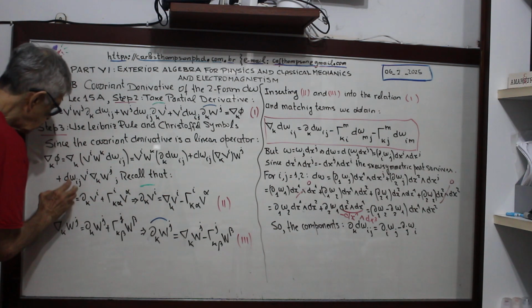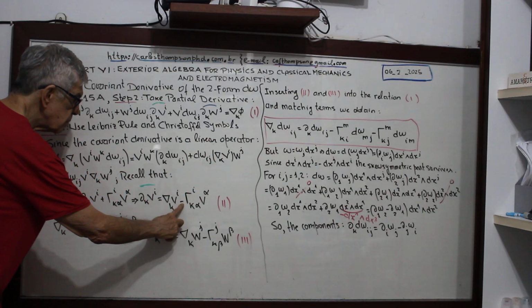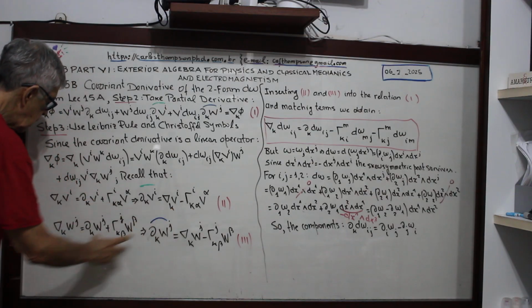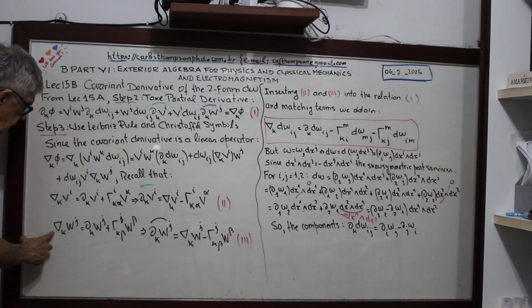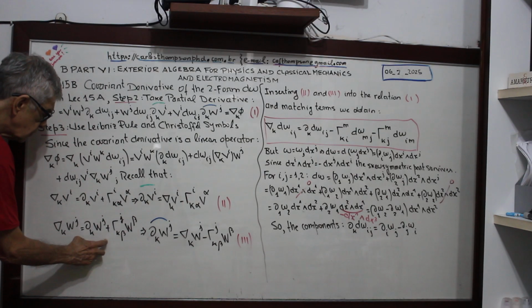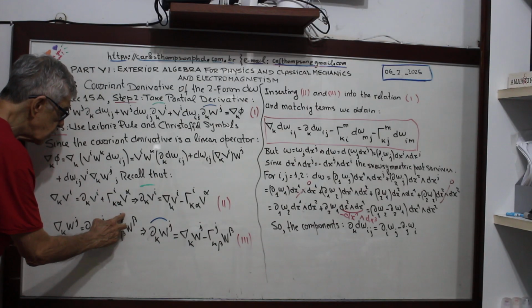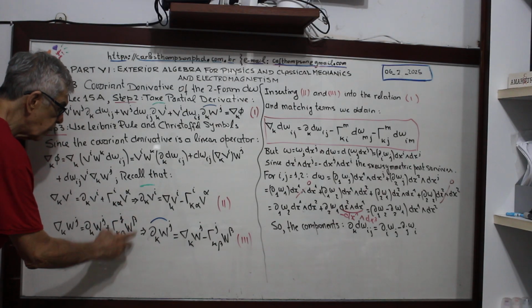I just transpose the gamma to the right hand side with the minus sign over here. Likewise, similarly, the covariant derivative of the component Wj is the partial derivative of Wj, now gamma k beta j V w beta.